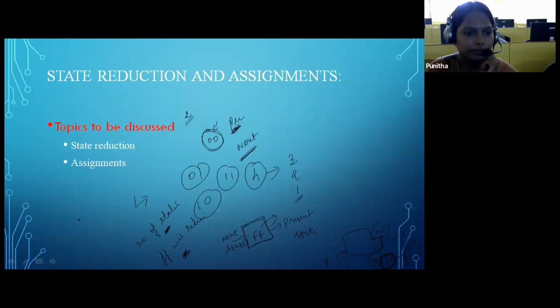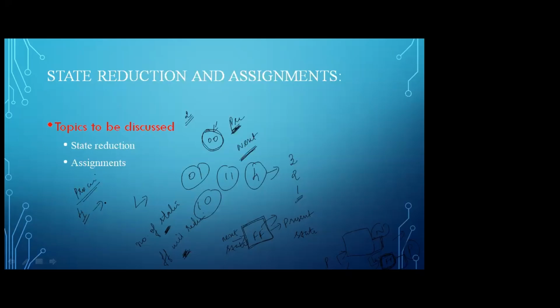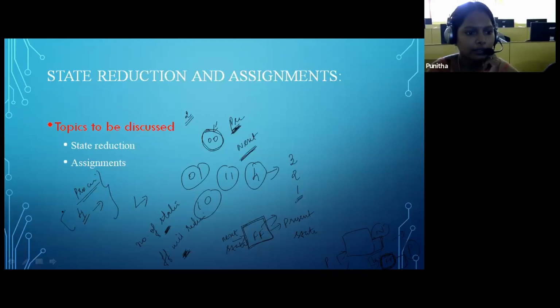Suppose I need 4 flip-flops for an ordinary processing, but 4 flip-flops are not available for me. In this case, how can I deal with this sequential circuit? In this condition, I can reduce the number of states of the processing. If I reduce the number of states, obviously the flip-flops may reduce.